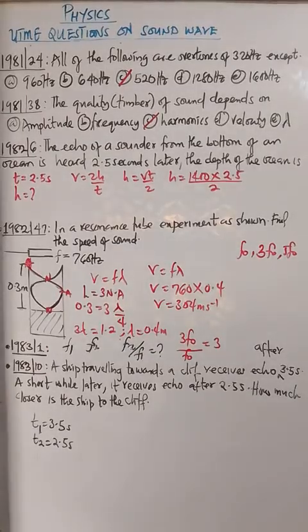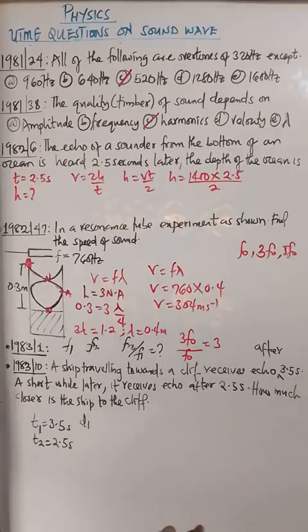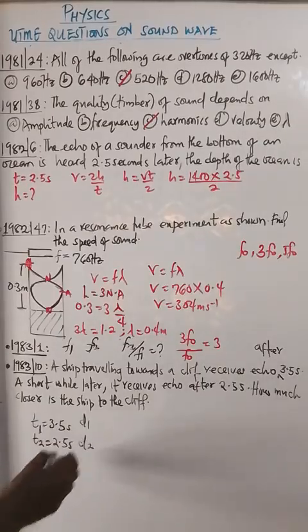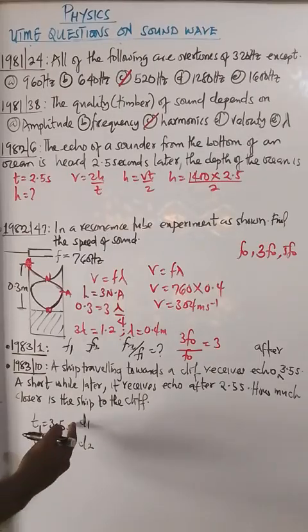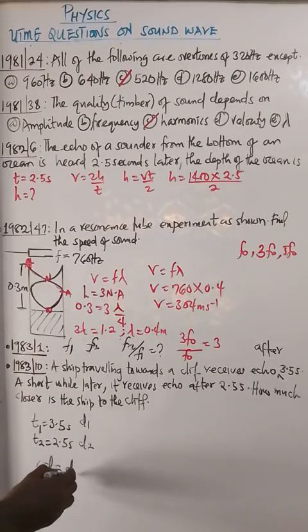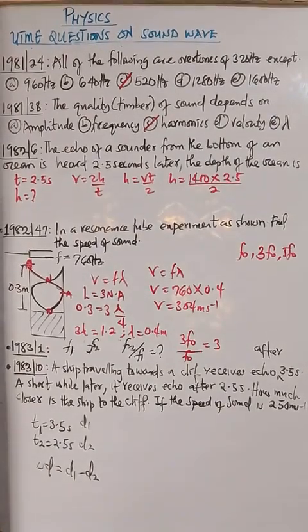Suppose the distance of the ship from the cliff initially is D1. Now it is closer, it is D2. So how much closer? We are looking for the difference between D1 and D2. D1 is actually greater because the ship is moving closer, so we are looking for D1 minus D2. Our aim is to get the values of D1 and D2.